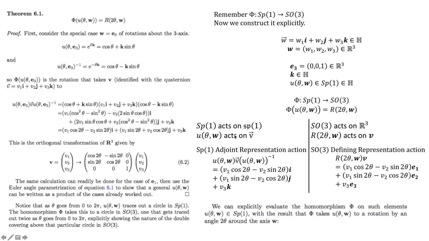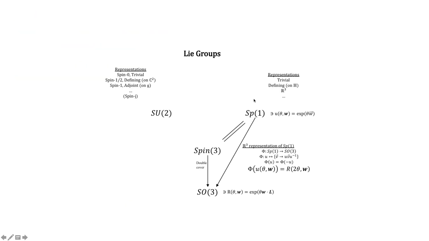Hence, understanding this difference between W arrow or V arrow and bolded V is important in our understanding of the adjoint representation action and the defining representation action. As such, we have explicitly evaluated the homomorphism that takes SP1 to SO3. We can add something to our mind map here, which is the explicit construction of the homomorphism mapping.